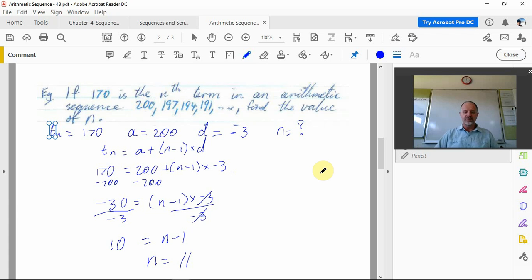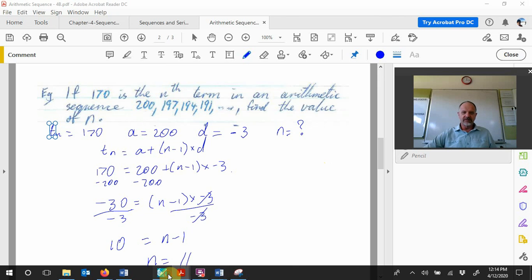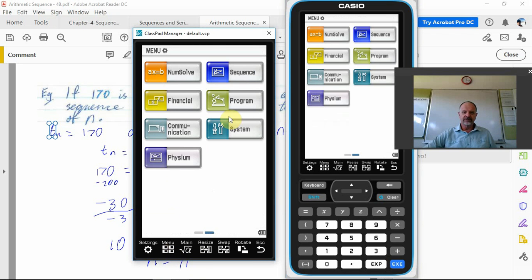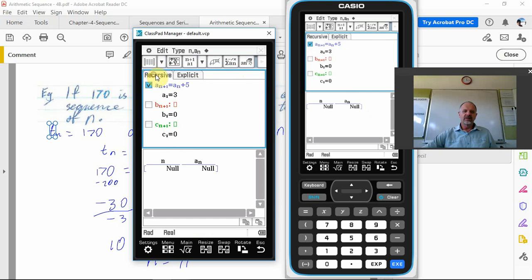There are ways, of course, on your calculator that you can figure that out. I'm not going to show you that. Yes, I will. I will show you that. So if you wanted to do that on your calculator, what you would do is this. We'll go to our second page. So remember, it's the second page. Sequence. I'm going to use the recursive. Let's clear all of that. So in this case, what did we say? We take 3 from it, and then we take 3 again.